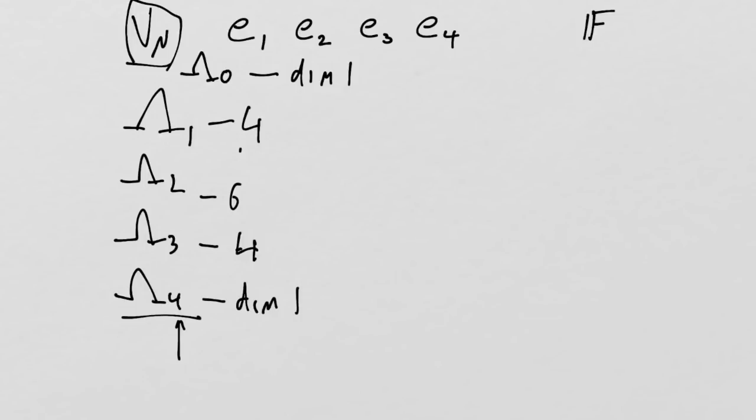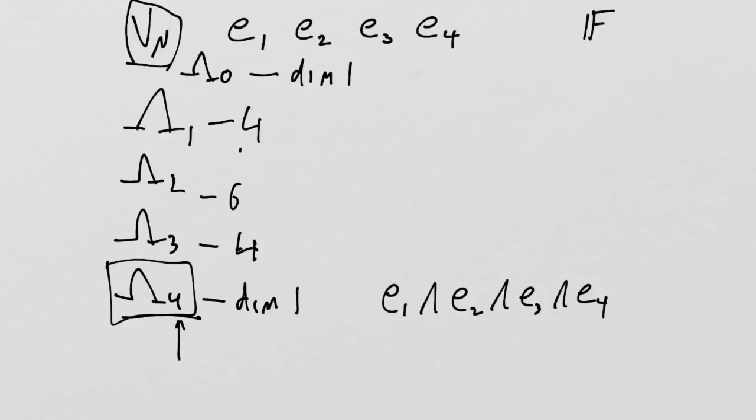Okay, so you may remember we have these 4 exterior product spaces. If we look at the last one, it has dimension 1, and we know that the basis vector is written E1 wedge product E2 wedge product E3 wedge product E4. And we also know then that for this exterior product space, we could consider a basis transformation of the underlying vector space, right?